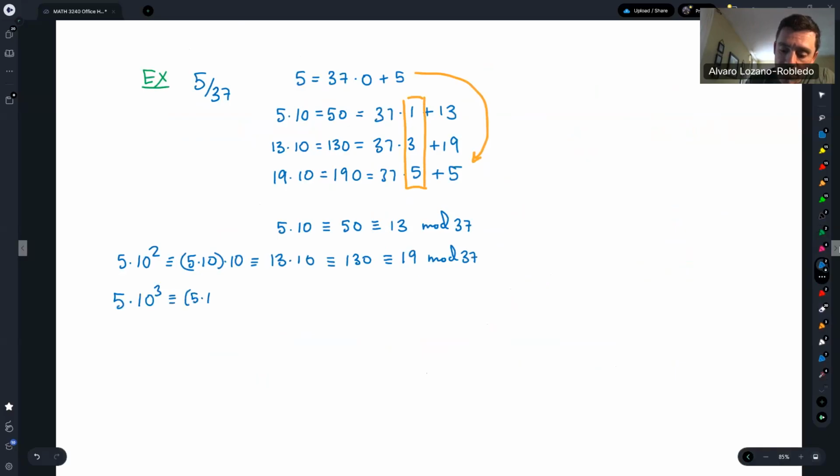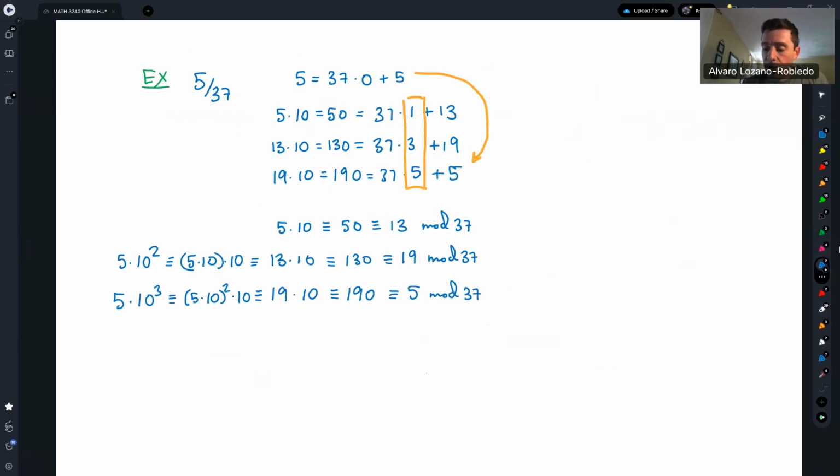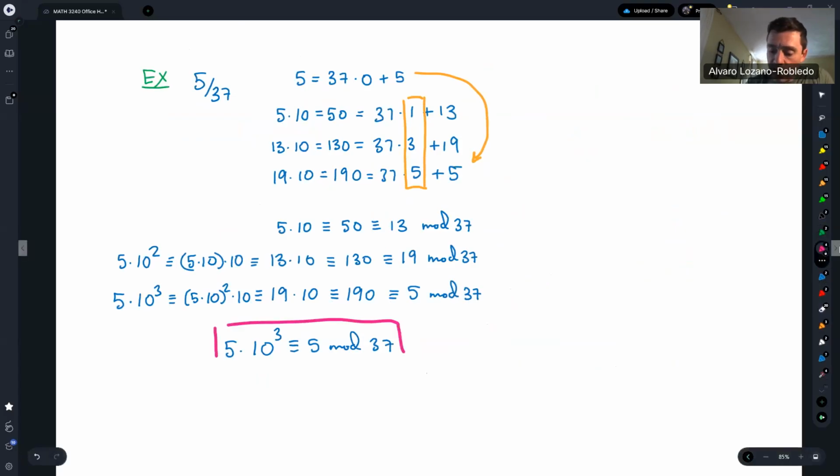And then compute 5 times 10 cubed. That is 5 times 10 squared times 10. 5 times 10 squared is 19 times 10. That is 190. And 190 is 5 modulo 37. And now we see that there is a repetition, that 5 times 10 cubed is congruent to 5 modulo 37. The repetition is going to start because what is the next one? The next line would be 5 times 10 to the 4, and 5 times 10 to the 4 is 5 times 10 cubed times 10.